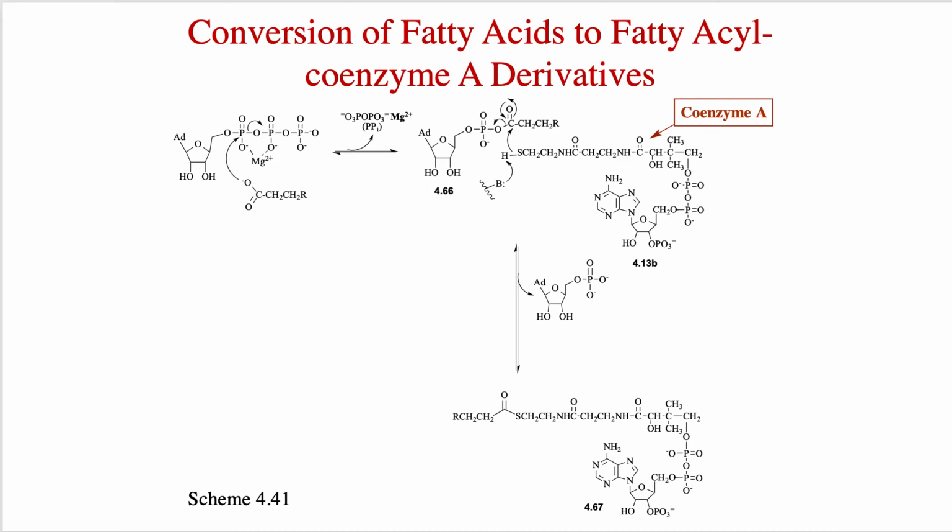Let's say we want to break down a fatty acid or something. We can create an acyl-CoA derivative, where this is what it used to be. This whole process of chemistry is essentially to turn OH into a good leaving group.